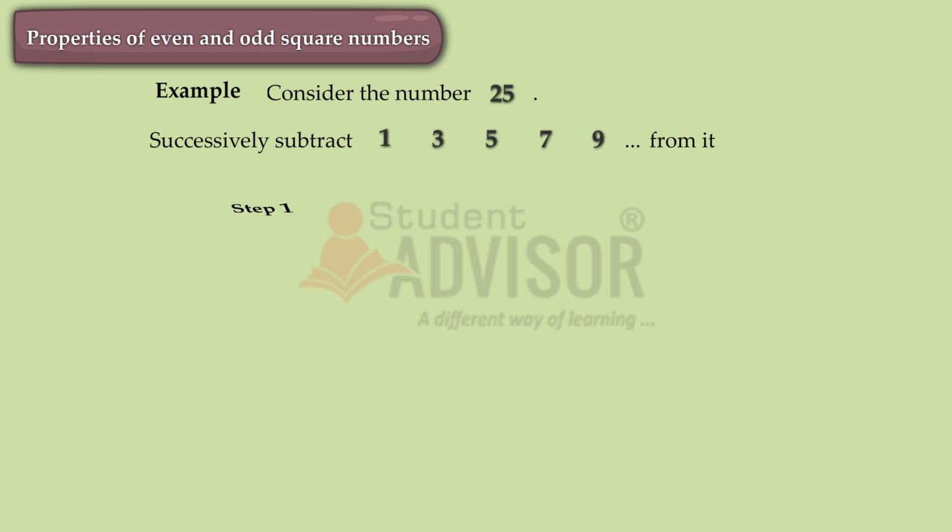Step 1. 1 subtracted from 25, we get 24. Step 2. 3 subtracted from 24, we get 21. Step 3. 5 subtracted from 21, we get 16.